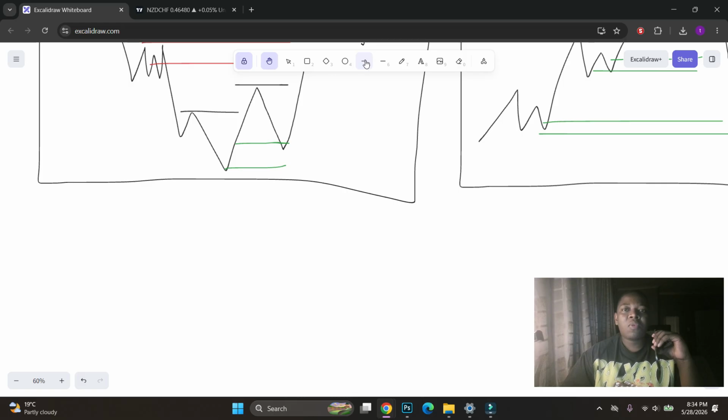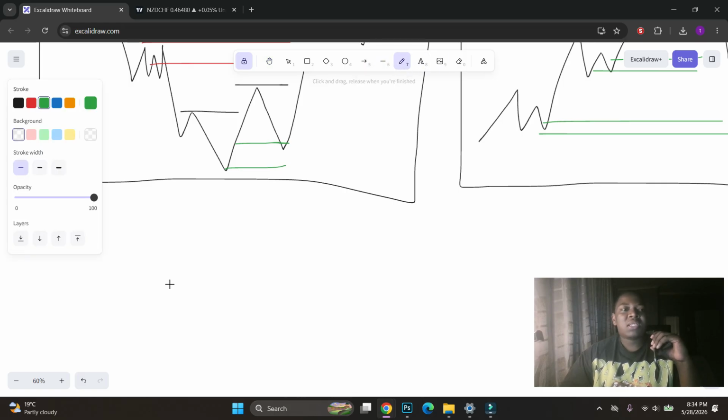Exhaustions come when you missed an entry. Maybe you missed the setup, or maybe you're analyzing, you want to know where price is going. If price, for example, is in a downtrend and we change order flow and you missed the buy here, price is maybe moving up, giving you highs, maybe all-time highs or something.